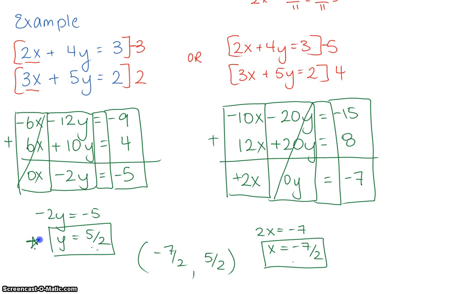If I continued with this method and plugged my y into either of these two equations, I would then get my x value. If I took this guy here and I plugged it into either of my two linear equations and solved for y, I would get my 5/2. So by doing the double elimination, you can actually get the coordinate point as well.